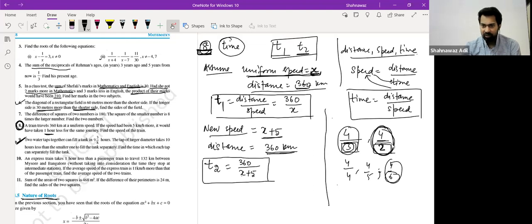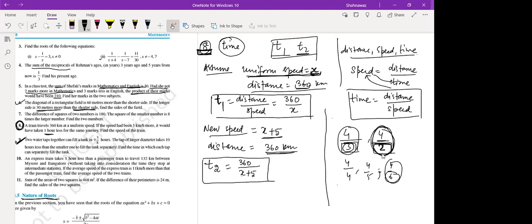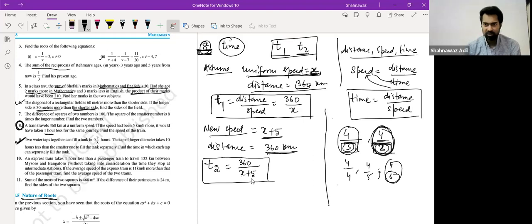Understood? Yes. So 2 is smaller, so this has the larger value.